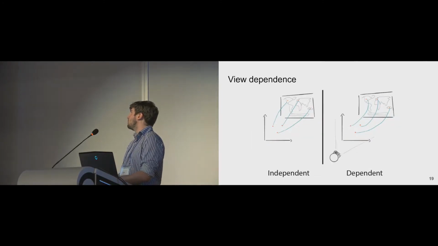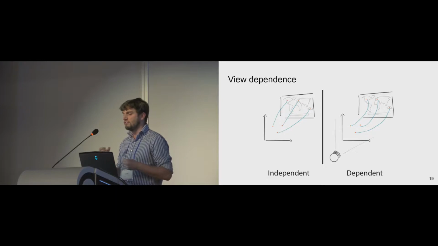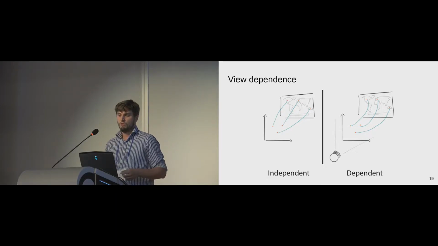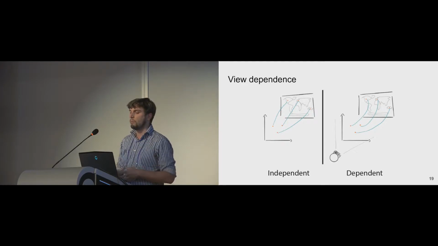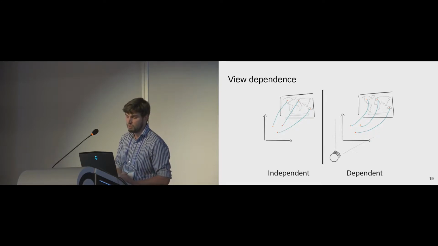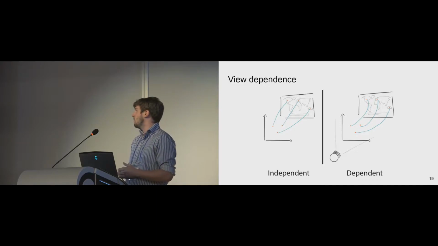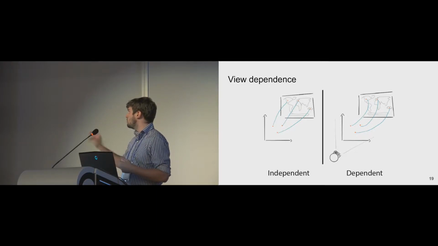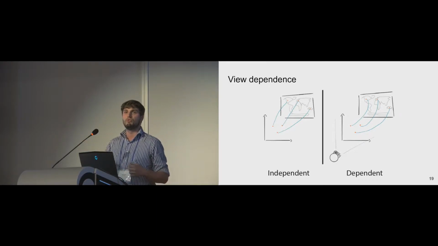The view dependence is really the first dimension that is specific to immersive environments. Because you are in an immersive environment, your perspective of the visual link routing is going to change with your position. So if, for example, you have one good link routing, if you move a bit, maybe it's not going to be as good as before. To solve that, we propose to have a link routing that is dependent on the position of the user.